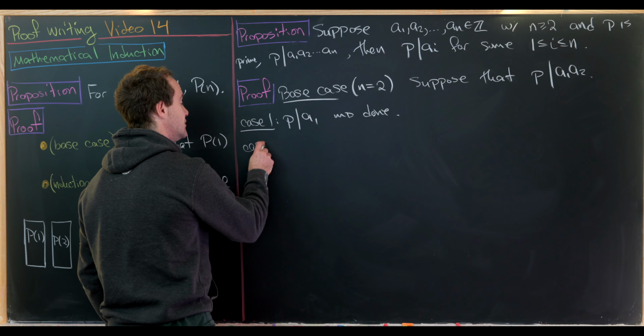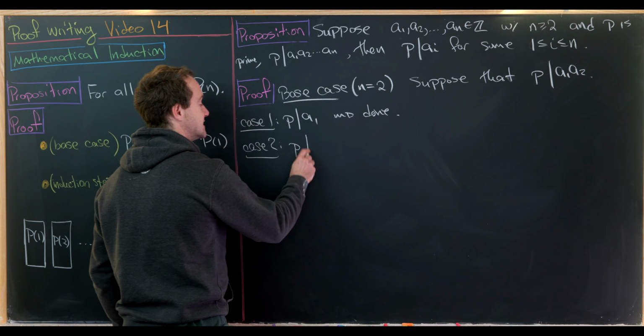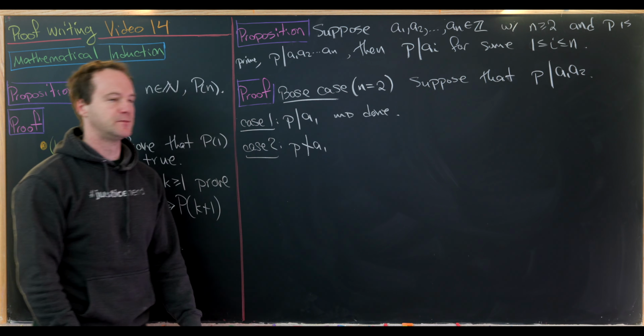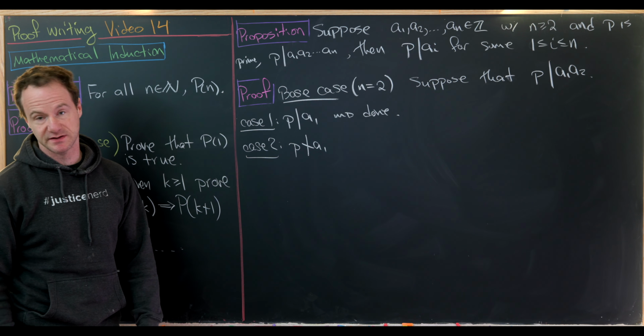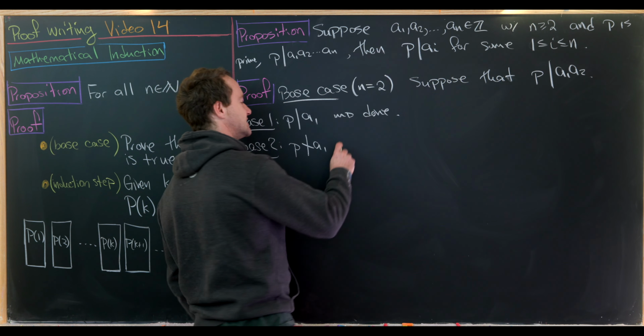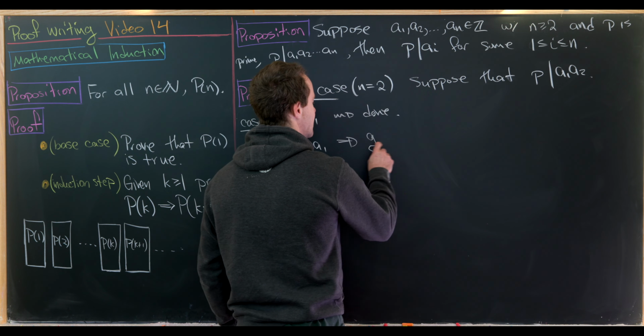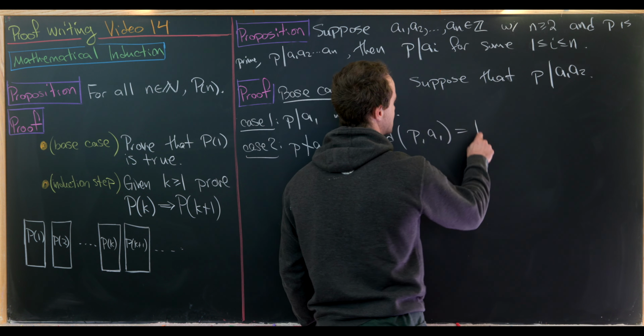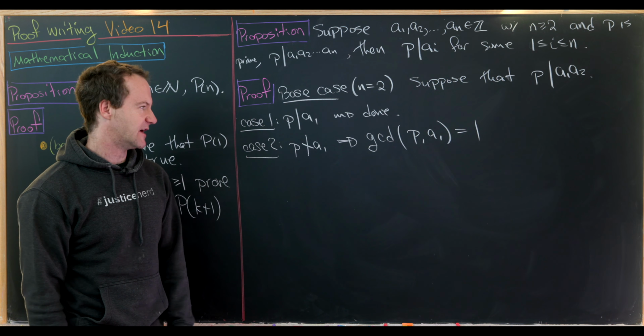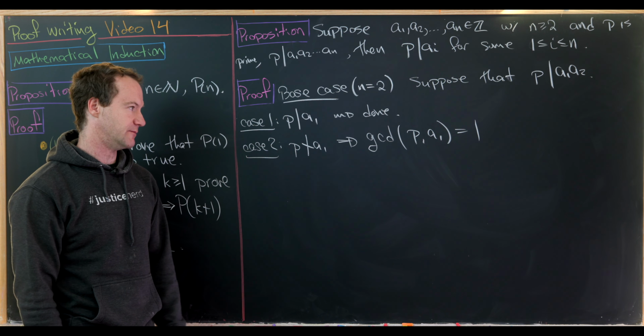But case 2 will be that p does not divide a1. Okay, so it must divide a1 or it must not divide a1. So that's pretty clear. But if it does not divide a1, then the GCD of p and a1 is equal to 1. So that's by the definition of the GCD and primeness.